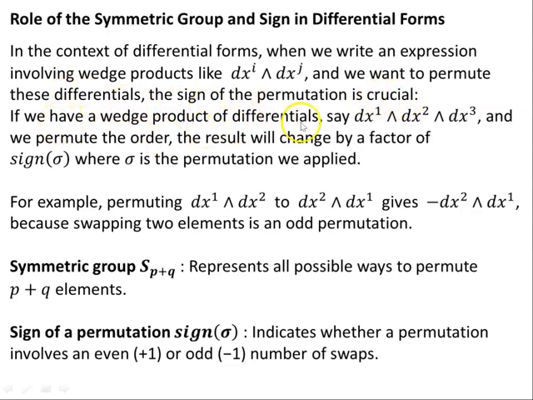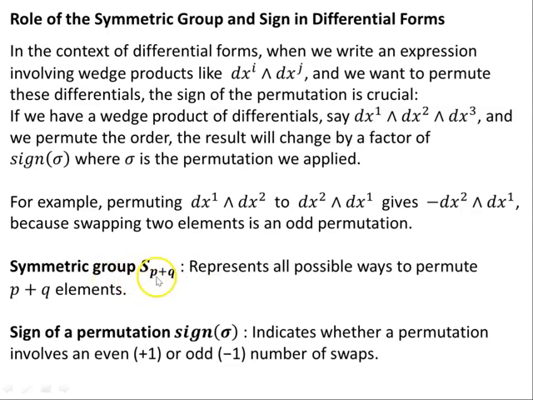If we have a wedge product of differentials, say dx1 wedge dx2 wedge dx3, and we permute the order, the result will change by a factor of sign of sigma, where sigma is the permutation we applied. For example, permuting dx1 wedge dx2 to dx2 wedge dx1 gives minus dx2 wedge dx1. It's just one swap, so the sign of that swap is -1, because swapping 2 elements is an odd permutation. Remember, 2 elements have been swapped, it's one swap.